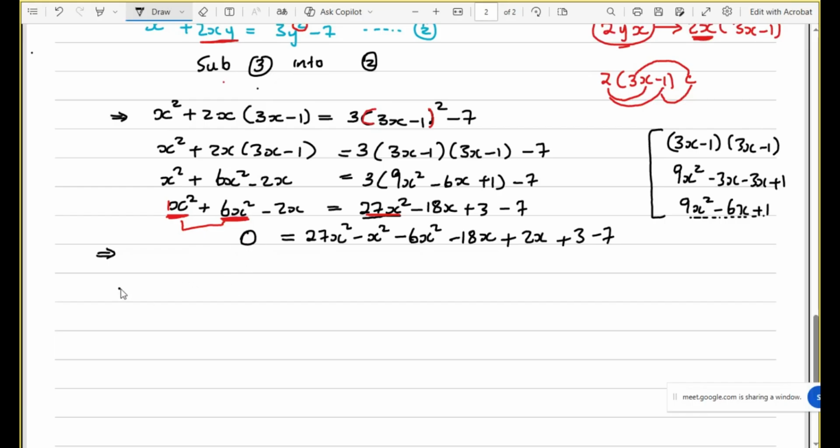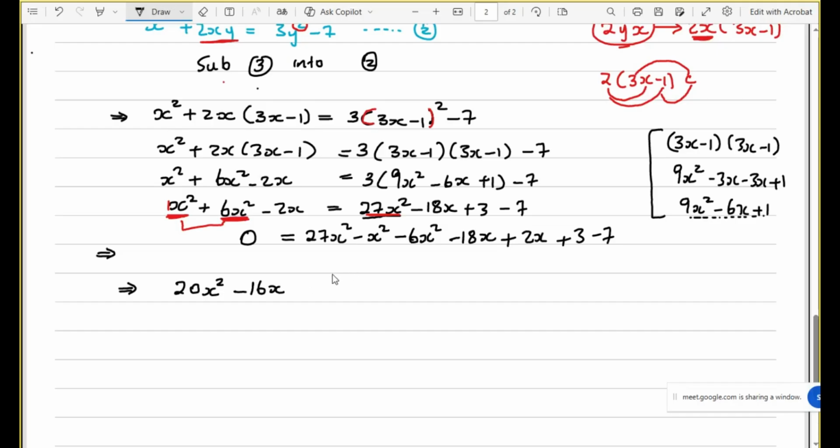So now this equation can be written as 27x squared minus x squared, that's 26, minus 6x squared, that's 20. So this will leave me with 20x squared, then minus 18 plus 2x, that's minus 16, okay? And then I'm going to write this down, minus 16x.